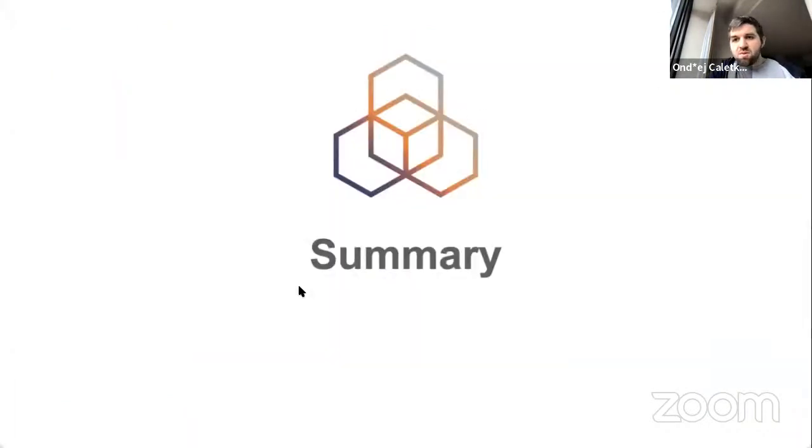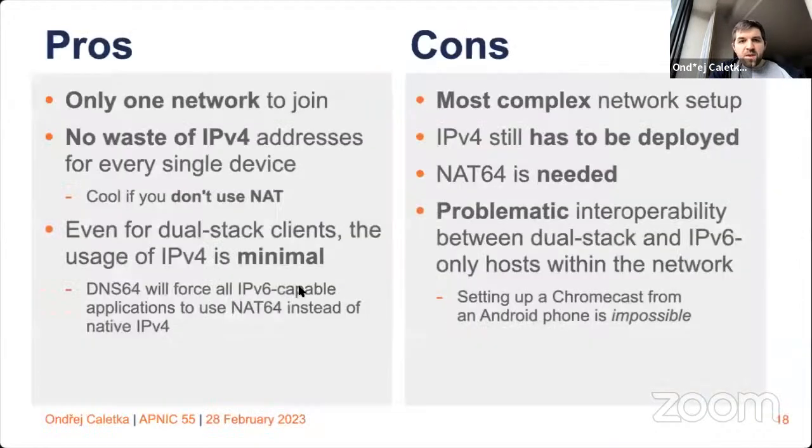Yeah, so that's basically it. To wrap it up, with this approach of having both IPv6-only and dual stack in one network, the main advantage is that there are not two networks, only one, so people are not confused about which network to join.